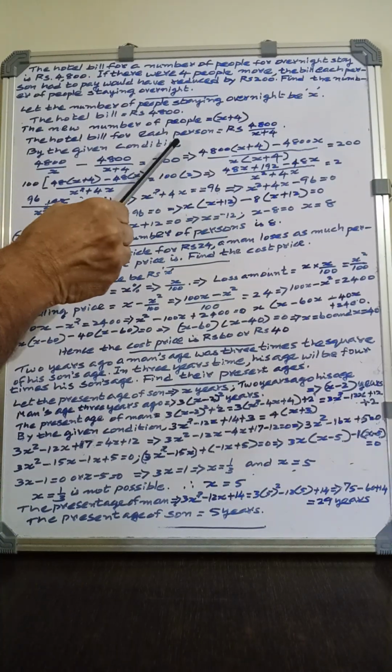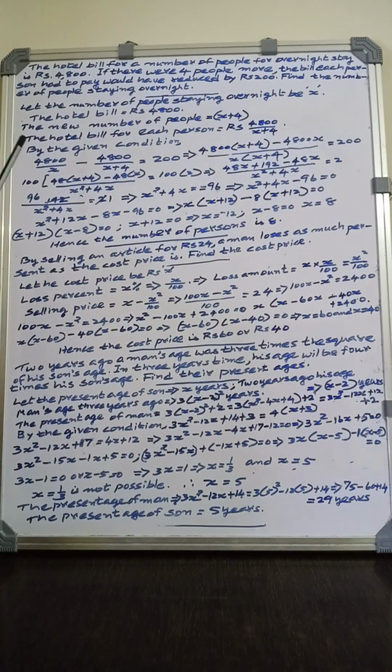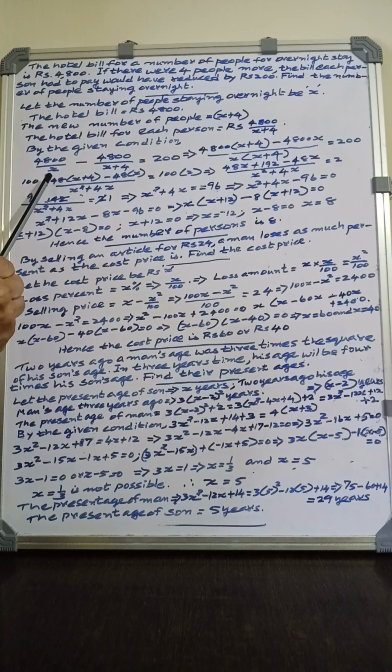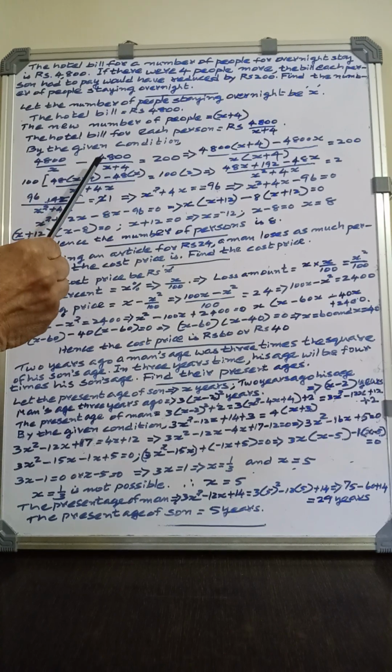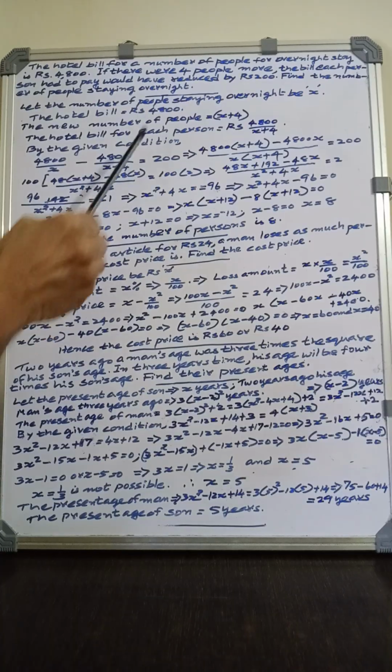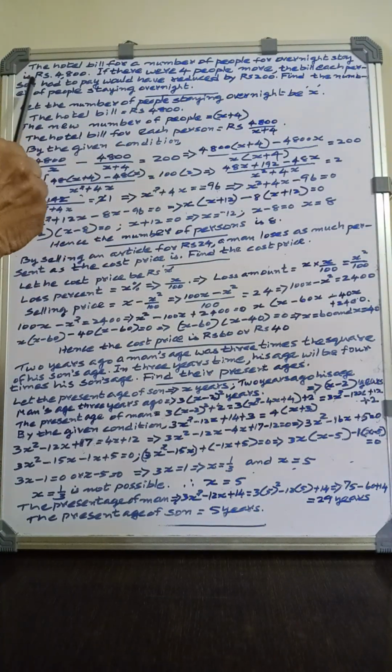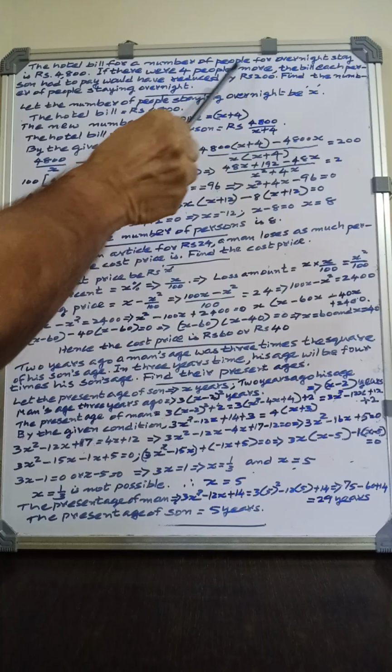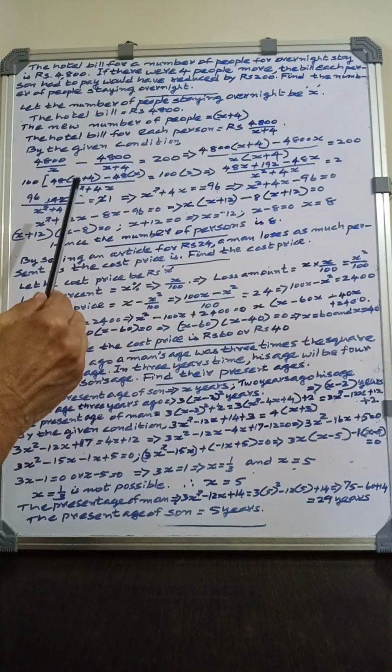By the given condition, 4,800 by x minus 4,800 by x plus 4. Then the bill each person had to pay would have reduced by rupees 200.